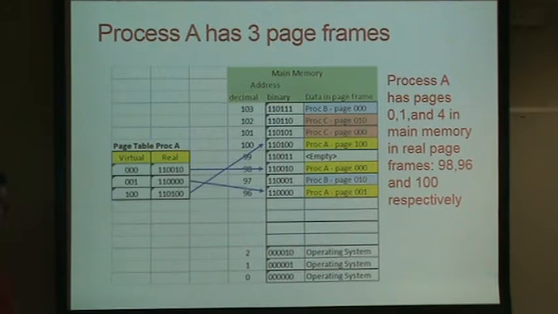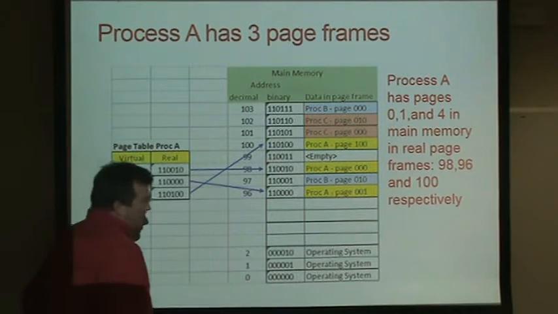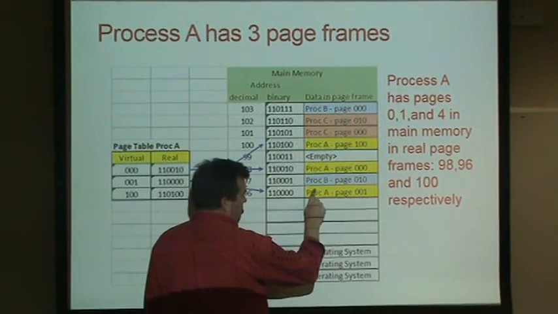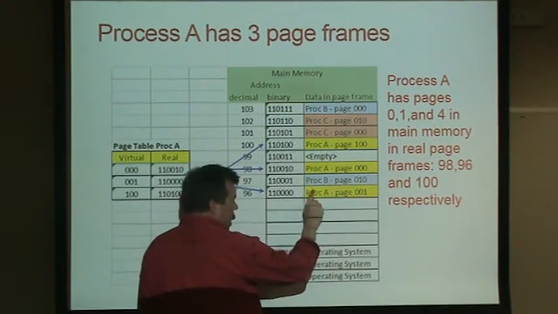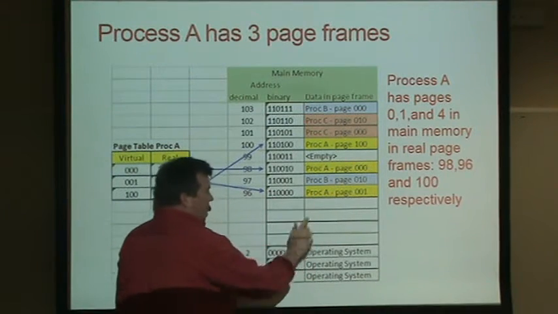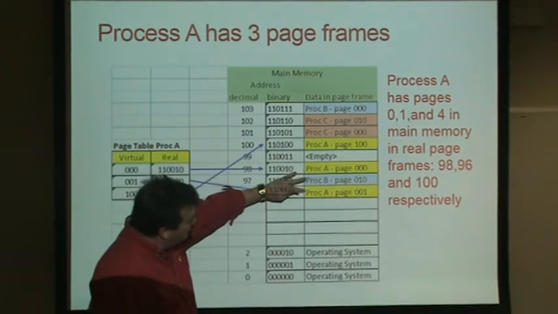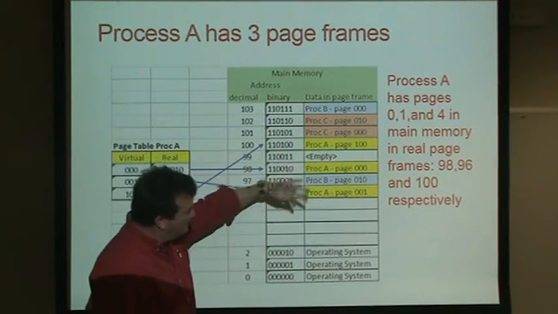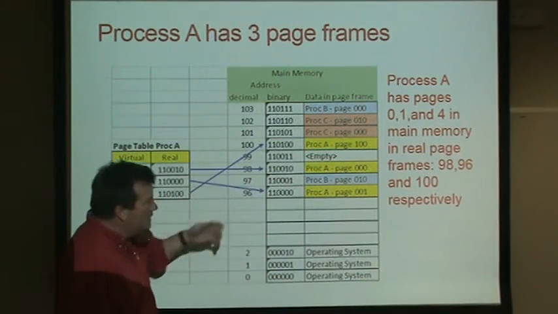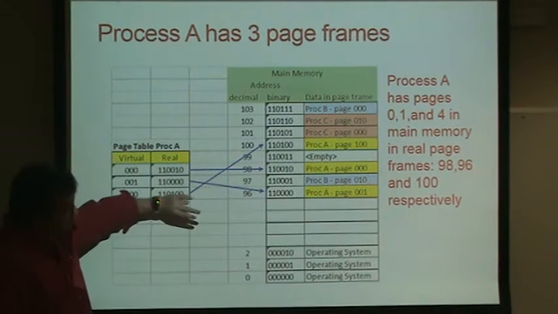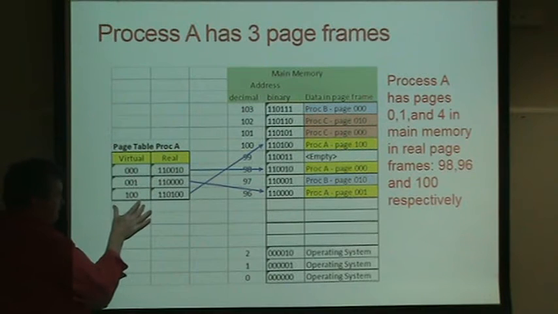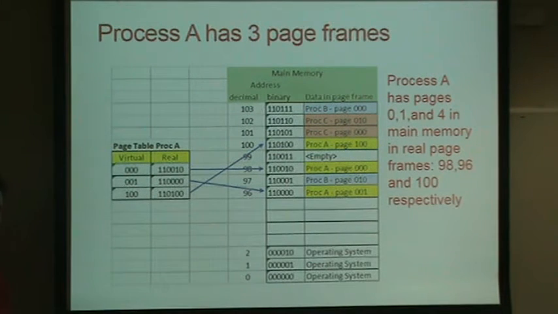So as our program is running, let's say we are running instructions right now out of page 1. So we run an instruction, then the next instruction might be right after it, the next instruction might be right after that. And then maybe we do a procedure call, and now we have to jump into page 2 of our program. So since we are going to a new page, we have to look in our page table, it's page 2 in memory, and at the moment it's not.